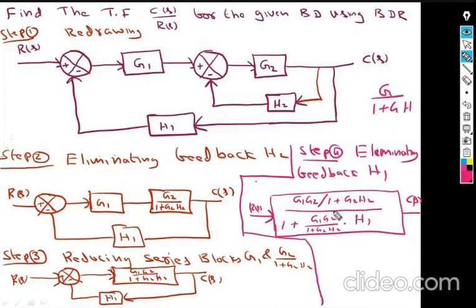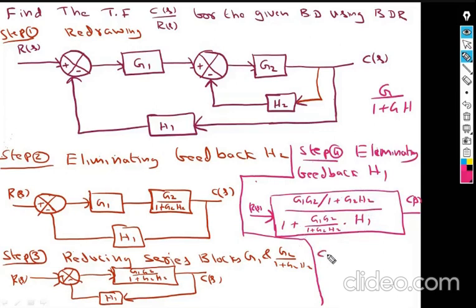Now if you do simple mathematics and send this towards that side, what you will get here is 1 plus G2 H2 plus G1 G2 into H1 divided by 1 plus G2 H2. This 1 plus G2 H2 and this 1 plus G2 H2 get cancelled.